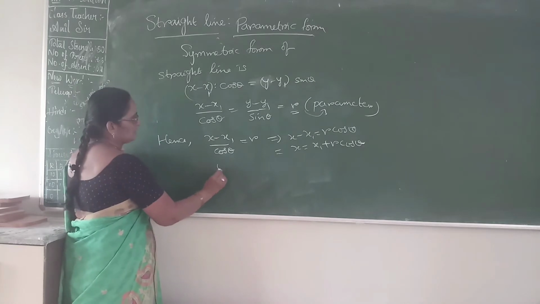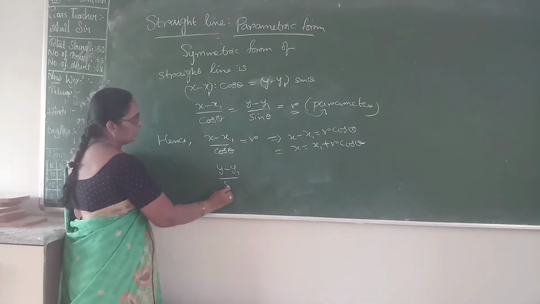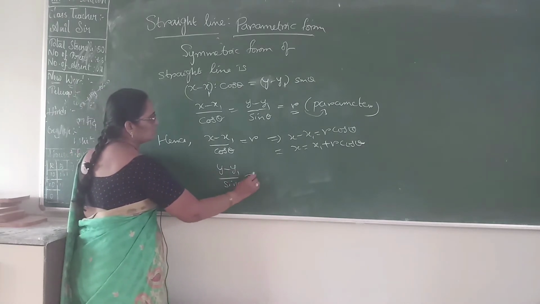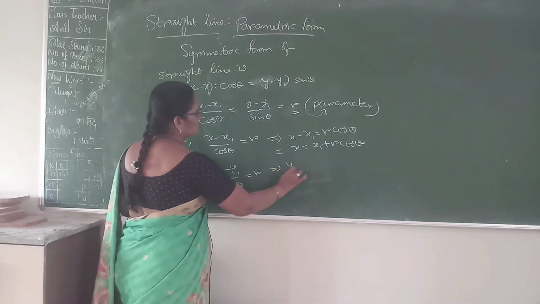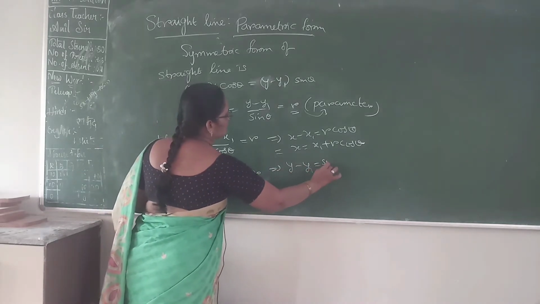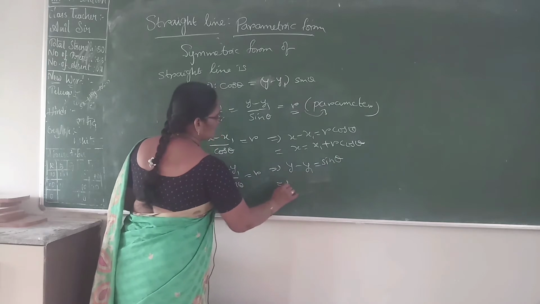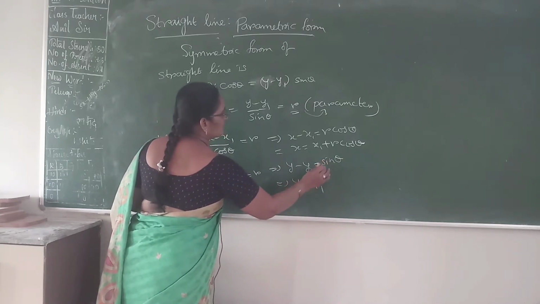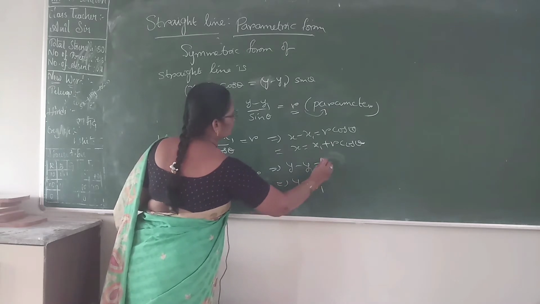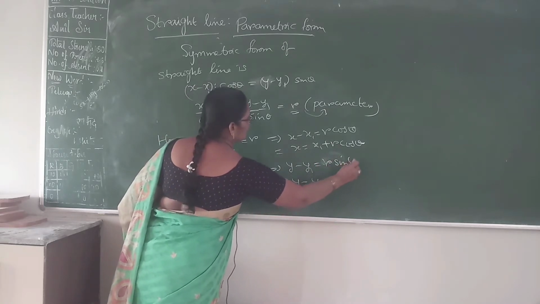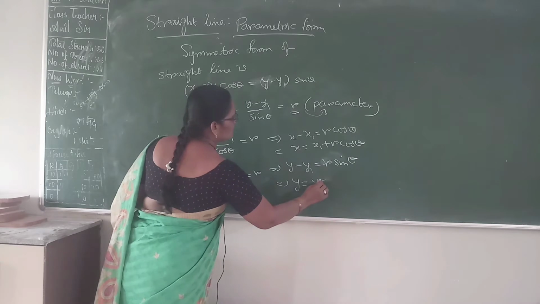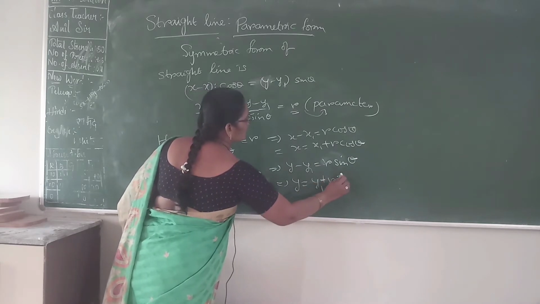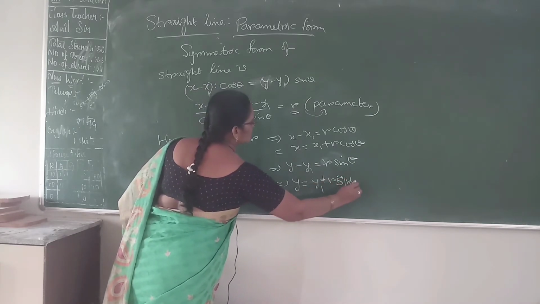Similarly, y minus y1 by sin theta is equal to r, which implies y minus y1 is equal to r sin theta, which implies y is equal to y1 plus r sin theta.